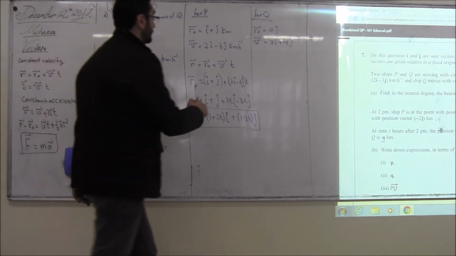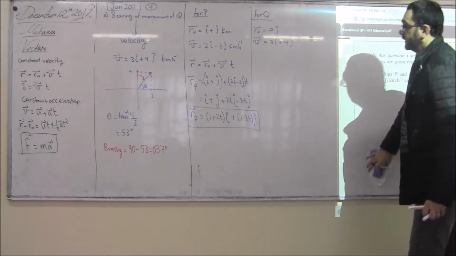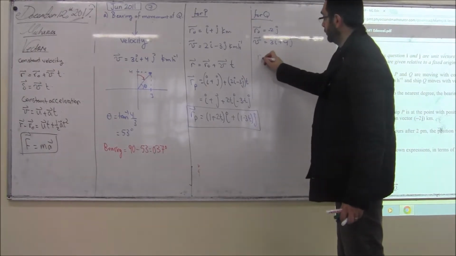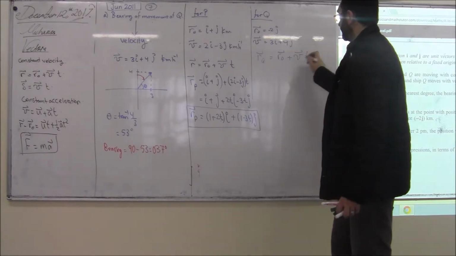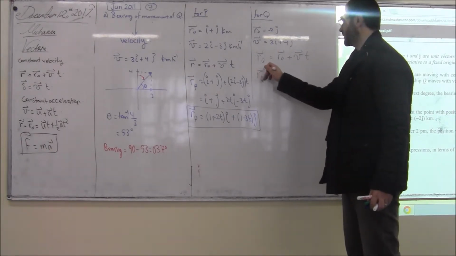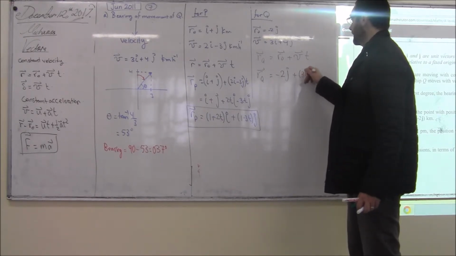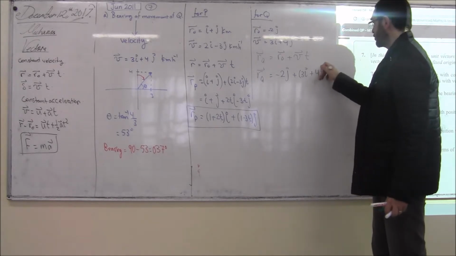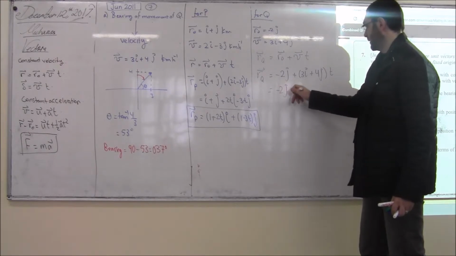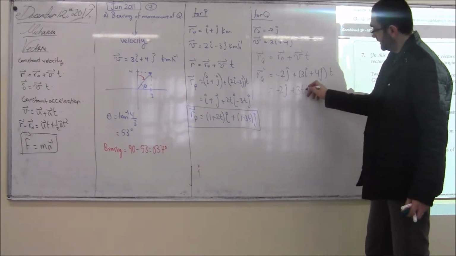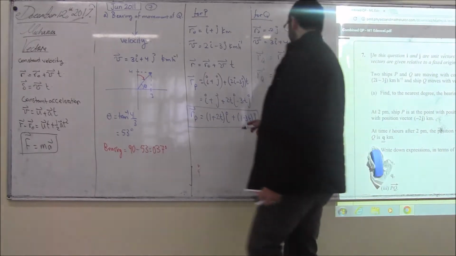In the same way, I have to do this for Q. The final position of Q equals r naught plus vt, which is minus 2j plus (3i plus 4j) times t. That is minus 2j plus 3t i plus 4t j.